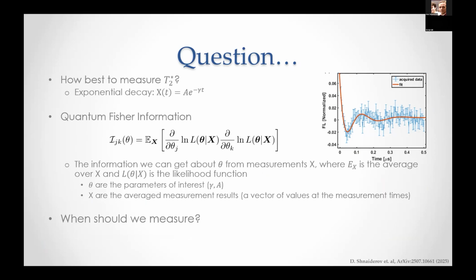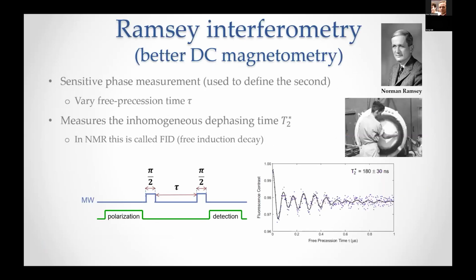I'll just ask you, what do you think? When some of you do these Ramsey experiments, you want to measure T2 star. The question is, what times should you choose to measure? You have this decay plot, and you have this amount of time until lunch or whatever.